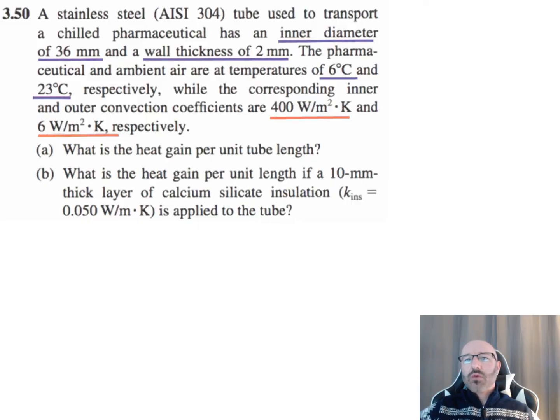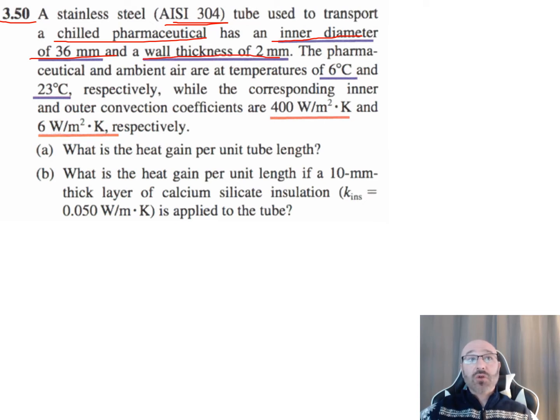So now let's work through a tube example problem. In example 3.50 from our textbook, we have a stainless steel tube, they tell us it's AISI 304 steel. The tube is used to transport a chilled pharmaceutical, and they tell us the inner diameter is 36 millimeters and the wall thickness is 2 millimeters.